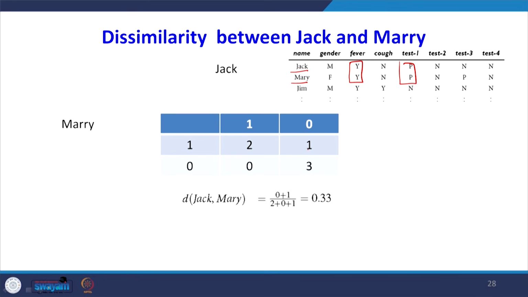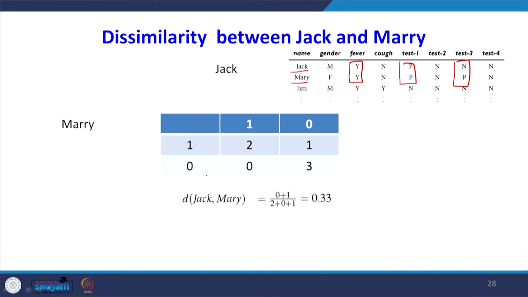Then Mary is 1 and Jack is 0, that is this one. Where Mary is 0 and Jack is 1, there is no value.